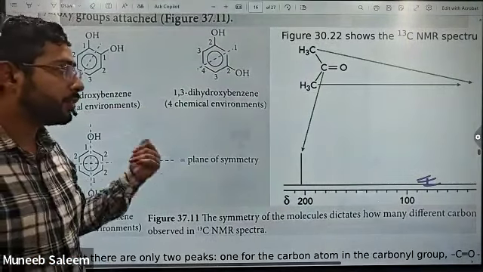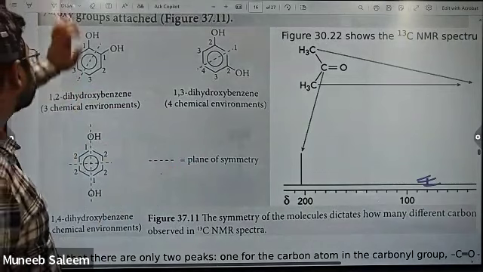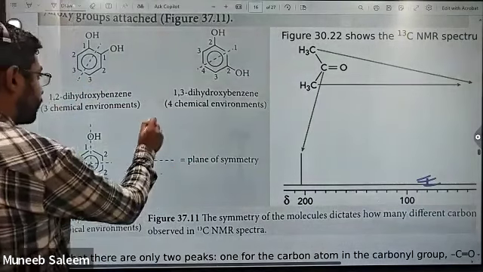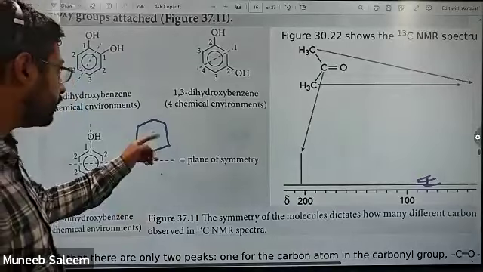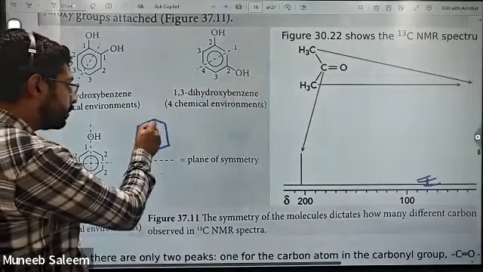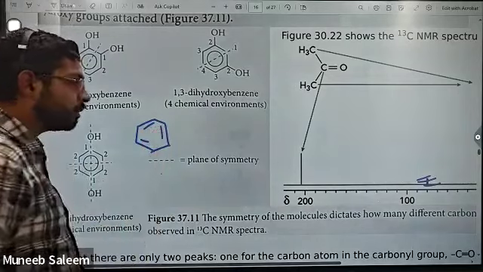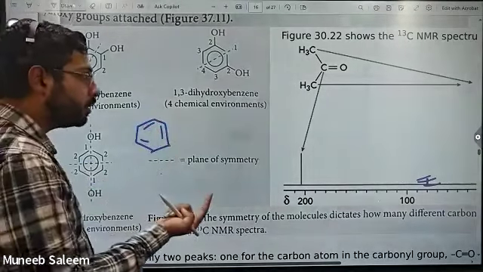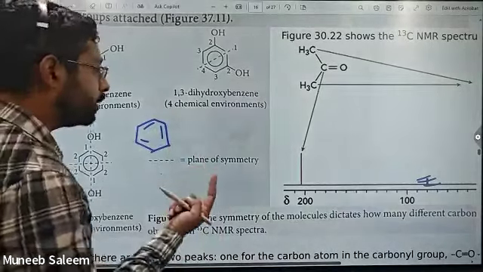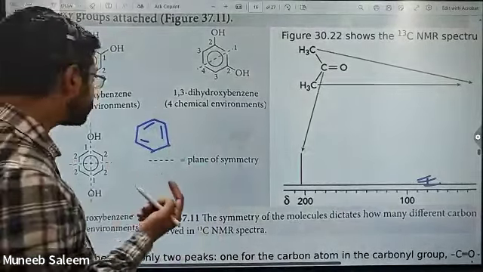Now these are some of the benzene compounds, which indicate how symmetry is also there, or how different chemical environments are there in the case of benzene. Be mindful that for benzene, all the carbon atoms are chemically the same, because all of them are bonded with hydrogen atoms and all of them have sp2 hybridization. So they all have a single value, and their peak is represented by one large vertical line.